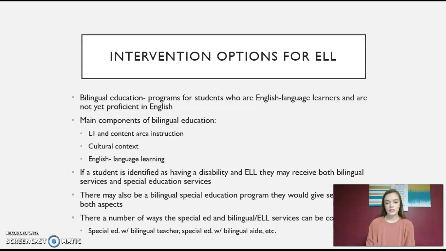A few of the different ways that special ed and bilingual or ELL services can be combined is that there can be a special education classroom with a bilingual teacher. Or there can be a special education classroom with a bilingual aide that can help with those bilingual services as well as special education services. But they're integrated into that special education classroom so that they're receiving both sets of services.